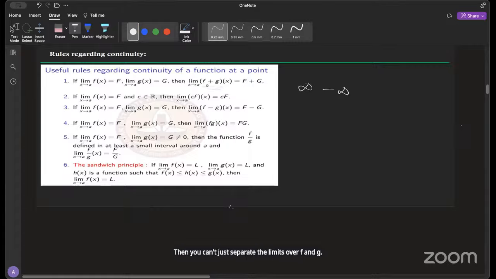So make sure that your limits are finite. It's not mentioned here, but the limits should be finite. If your limits are finite, you can use this rule. Same is for the scalar multiple of f, same for the subtraction, same for multiplication and division. In division, you need to make sure of one more thing, that your g should not be 0.